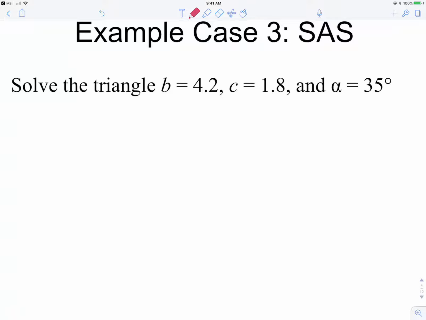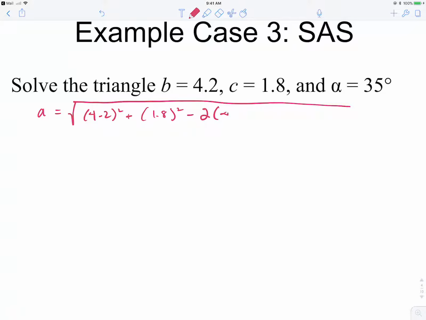So using law of cosines, I would write a squared equals the rest of law of cosines. However, I'm going to skip that step since I'm just trying to solve for A. I'm going to write law of cosines as A equals the square root of b squared plus c squared minus 2 times b times c times cosine of 35 degrees.